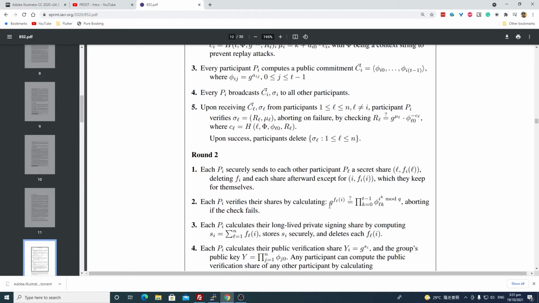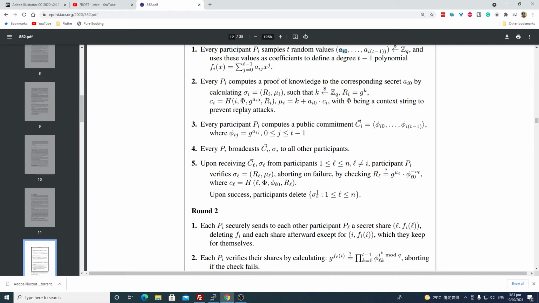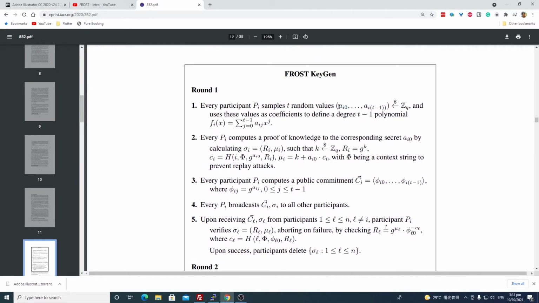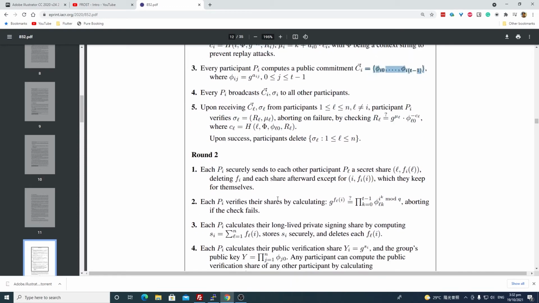Okay, round 2 now. So at the end of round 1, basically everybody has created their own vector of secret values. There's one secret, and then there's a bunch of extra coefficients. Each participant has one secret, and has committed to that vector of coefficients by submitting public keys that correspond to these coefficients, and that has been verified by the recipients.